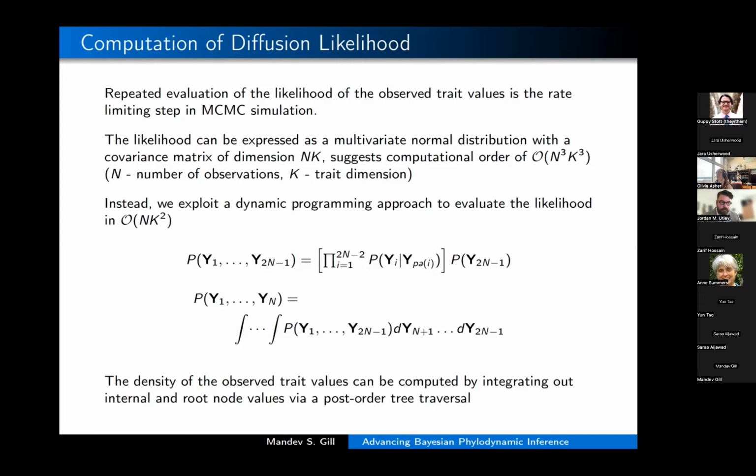So this dynamic programming algorithm reduces the computational order from n cubed times k cubed to n times k squared. And because we have to repeatedly evaluate the likelihood in MCMC algorithms for posterior simulation, this can make a really big difference in allowing the model to scale efficiently to data sets that feature thousands of observed trait values, as is often the case in virus evolution.